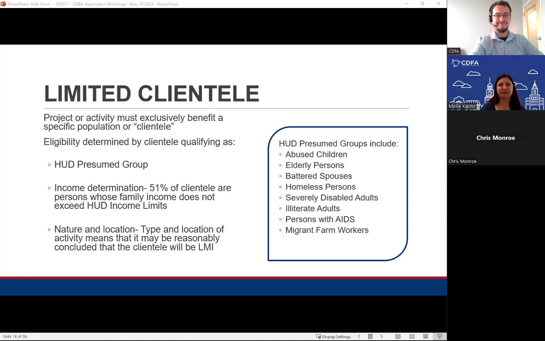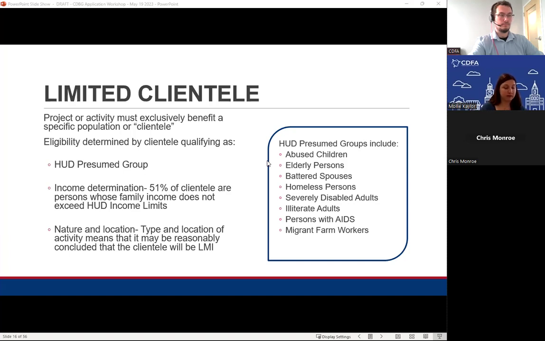New income guidelines came out on May 1st, and the new income verification surveys are available on our website under CDBG. Under the CDBG section, we have a tab called Income Surveys. So for the individuals that you're serving, if you're not otherwise collecting their income and family size in some other way, some projects use those forms to show via income determination that the project is serving predominantly low to moderate income individuals.